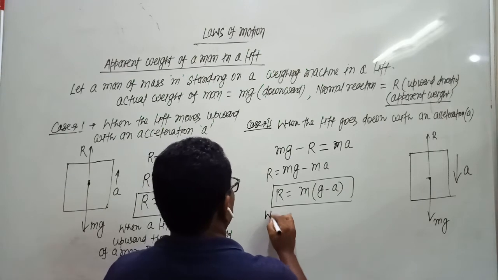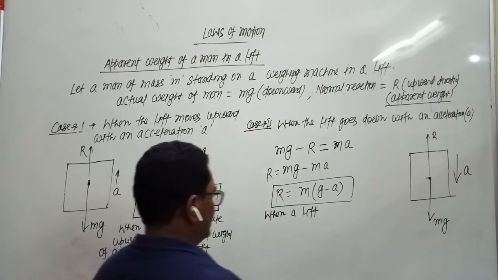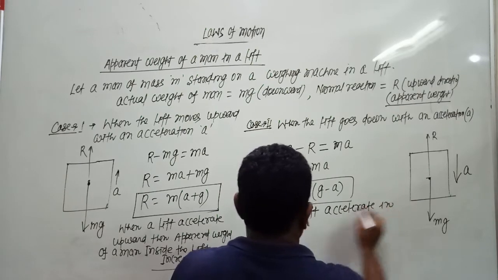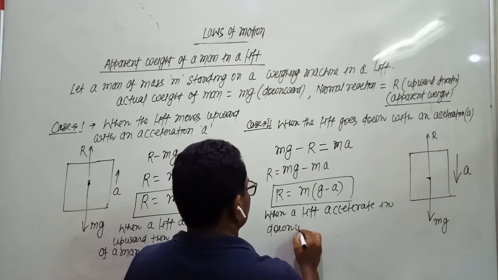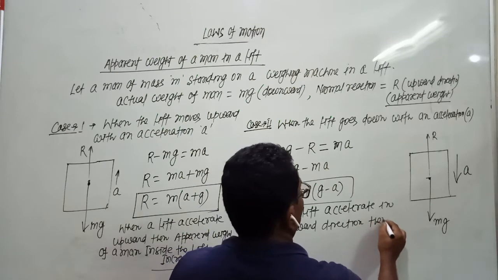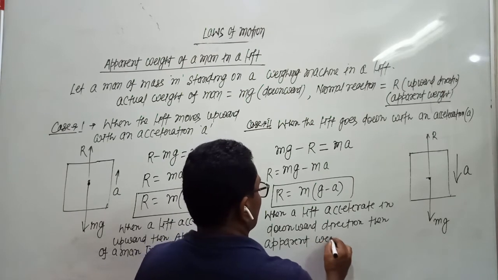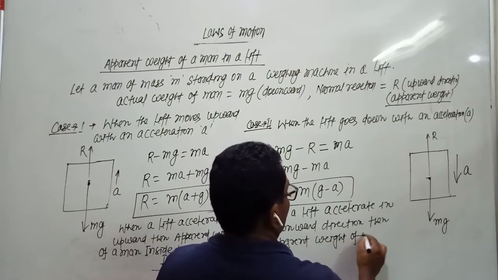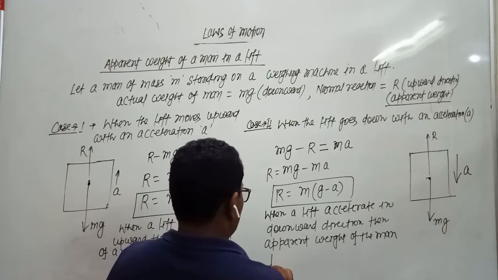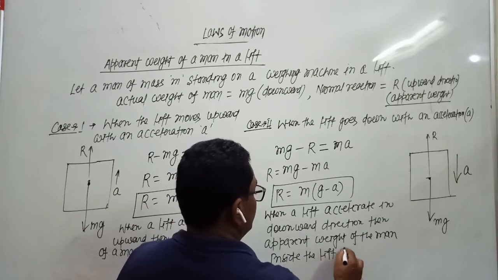So when a lift accelerates in the downward direction, then the apparent weight of the man, apparent weight means R, inside the lift decreases.